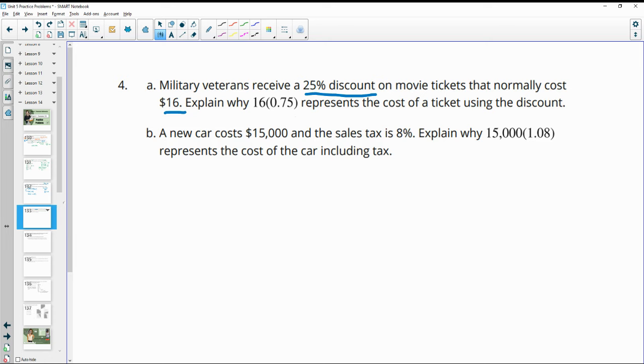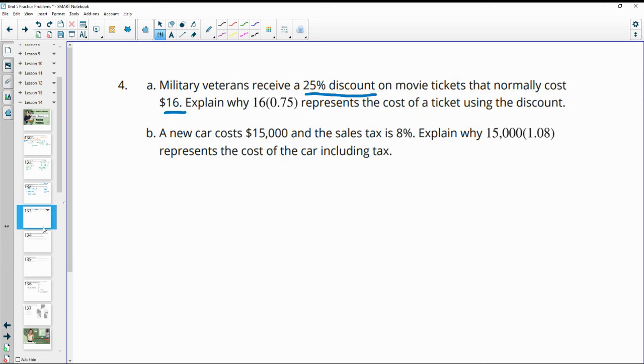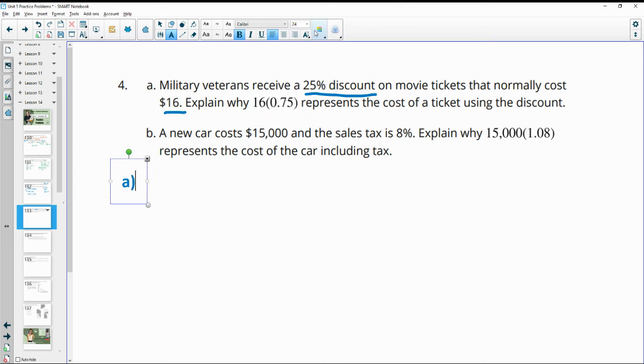So there's a couple different ways I think you could think about this, and I think that you could explain it. One thing you could do is, for part A, say the original cost is 100%.